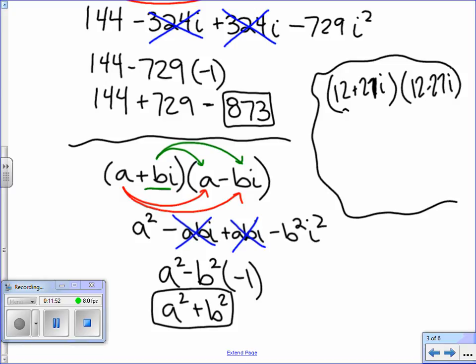Okay? Where a is 12 and b is 27. So I would do 12 squared plus 27 squared. That's 144 plus 729. And that's 873. So I jumped right down to the last line of my work.